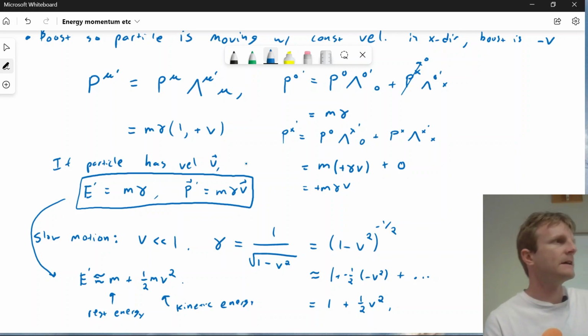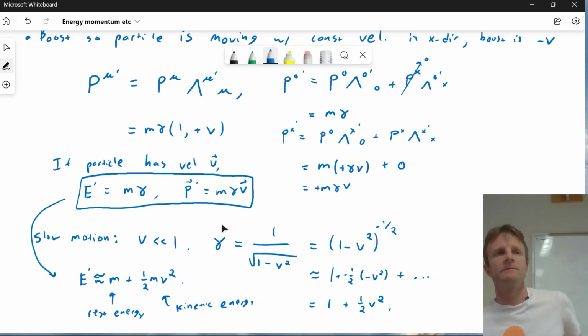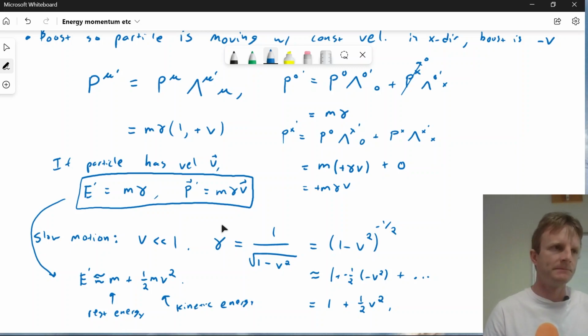Any questions? Yep. Once we start getting to high values of v relative to 1, like half or something, why is it that we ignore this kinetic energy part? We just go back to using m gamma.